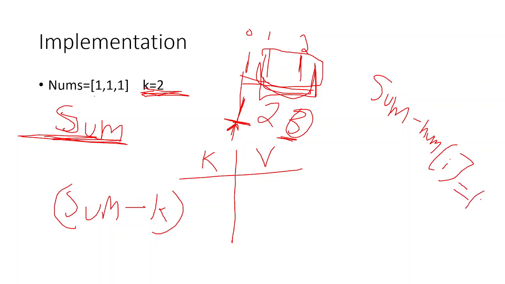But instead of doing this, we want to find the num, where this num is in the map. So we just interchange it, saying sum minus k equal to num. So we are finding this one.